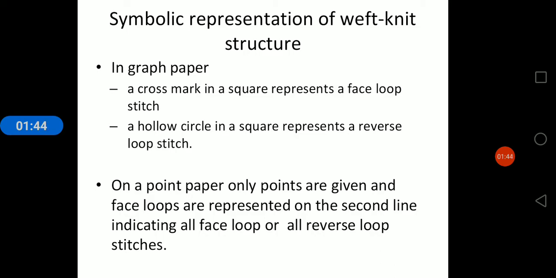On graph paper, a cross mark in a square represents a face loop stitch.